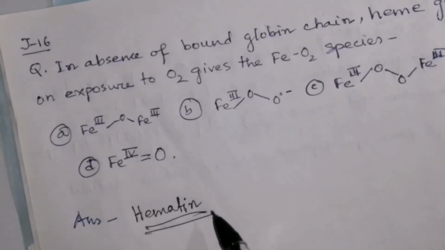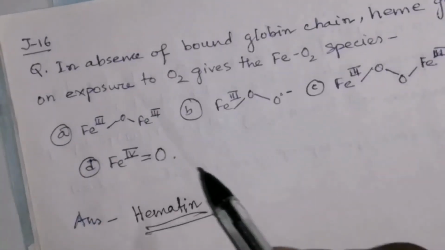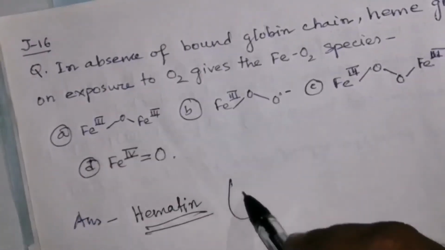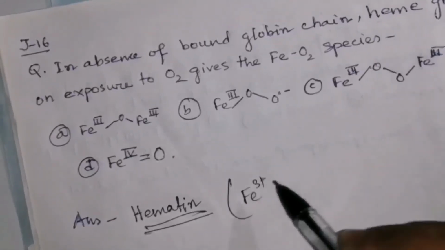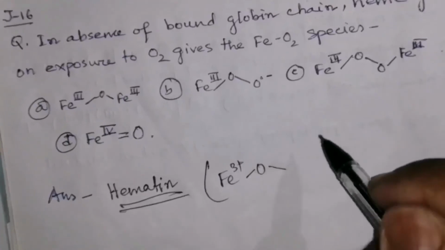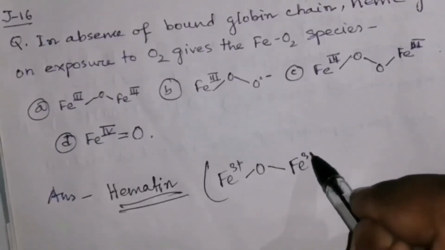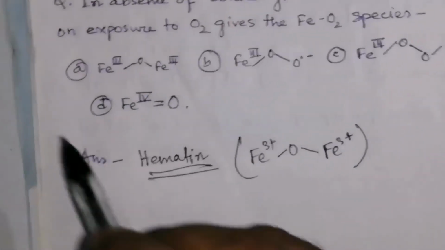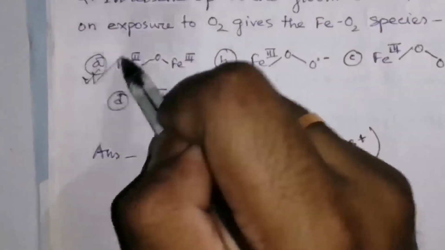So what is the form of hematin? It is a mu-oxo dimer of ferric ions. So our option A is correct.